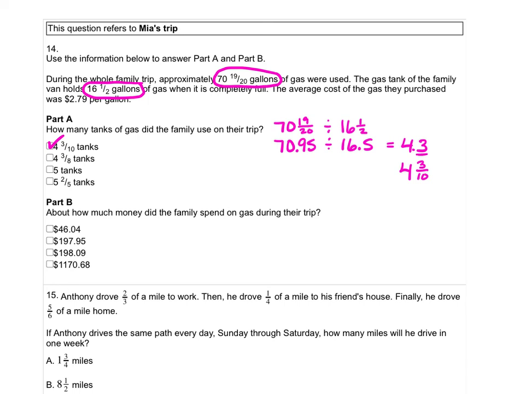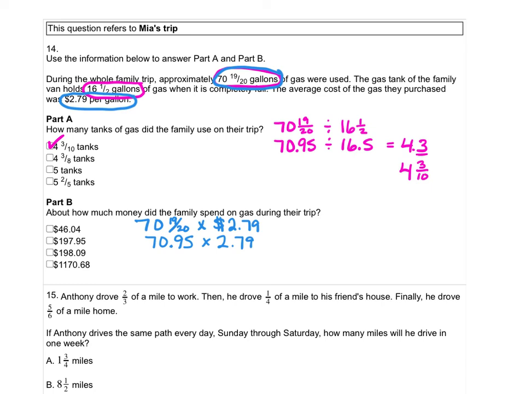Part B, about how much money did the family spend on gas during their trip? Well, we know they used this amount of gas, 70 and 19/20 gallons, and we know that the price was $2.79 per gallon. So we have to multiply that number of gallons by $2.79. So I'm going to change this to a decimal since I can. 70 and 19/20 is 70.95 times 2.79.